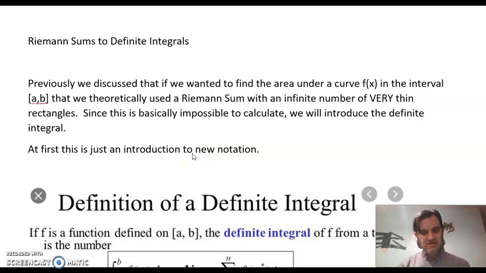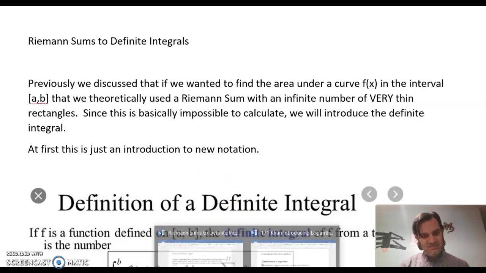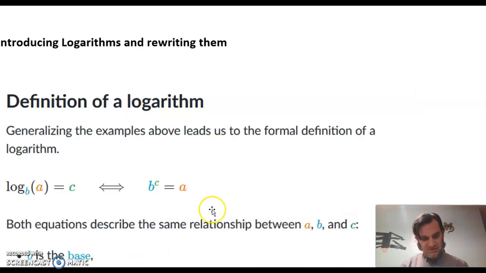And so that means it has its meanings, and once you understand its meanings, you can do wonderful things with it. But it's a leap of faith or an acceptance as far as getting there. And just to kind of backtrack a little bit, I want to show you when you were introduced to a logarithm.